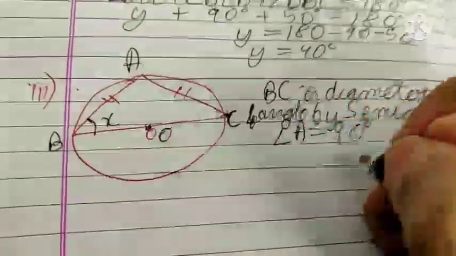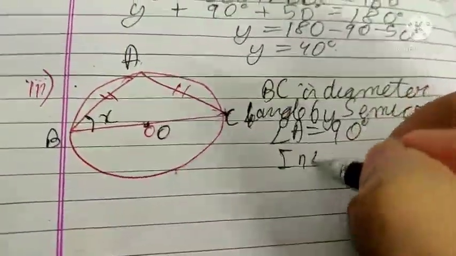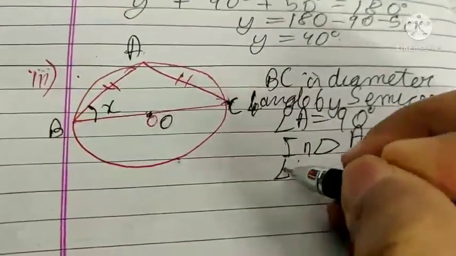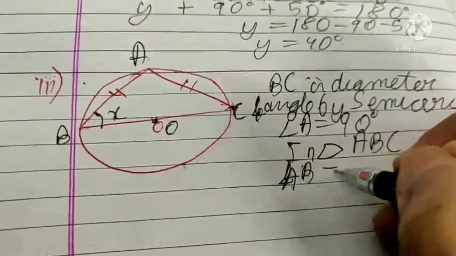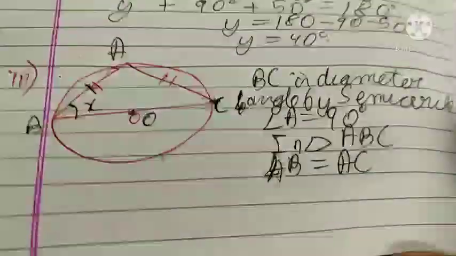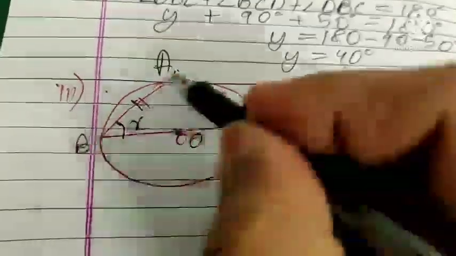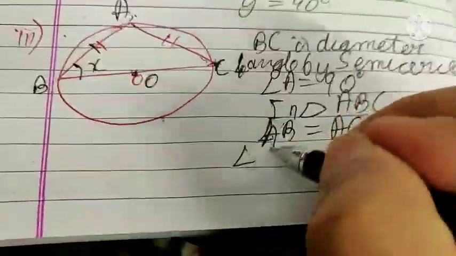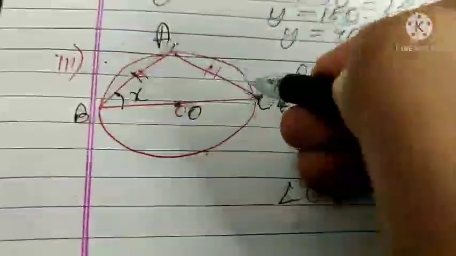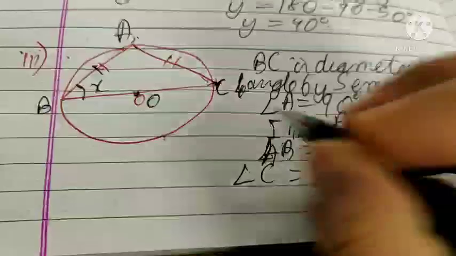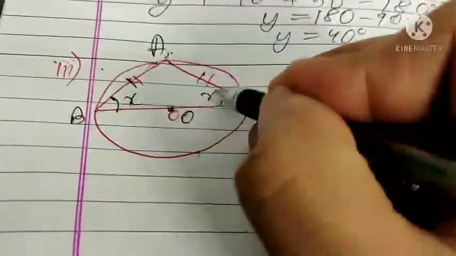So here in triangle ABC, AB is said to be equal to AC. These double lines are made, this means that they are equal. So AB equals AC. The angle in front of AB is angle C, and in front of AC is angle B, they are equal, and they are given as X. Why are they equal?